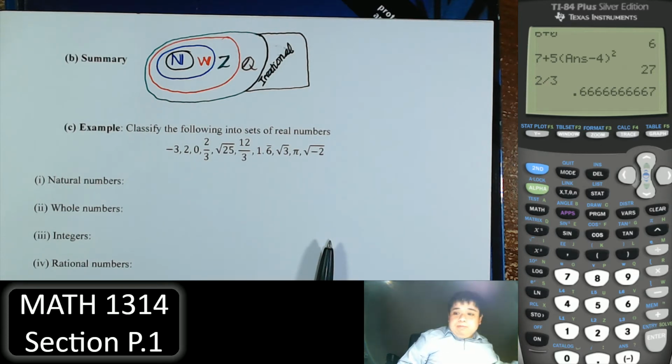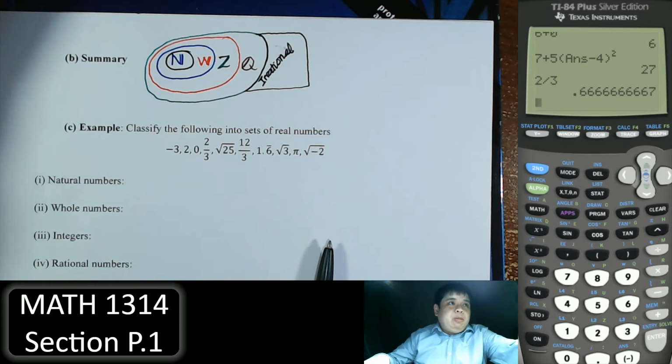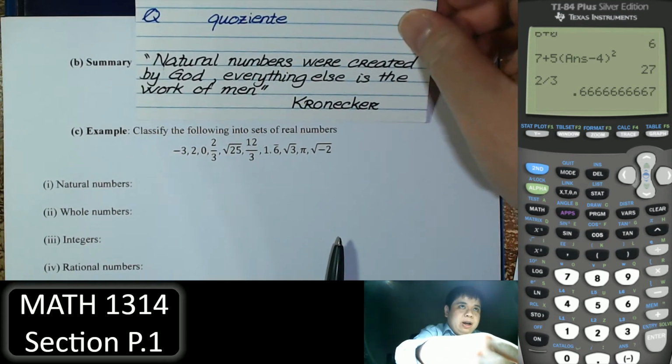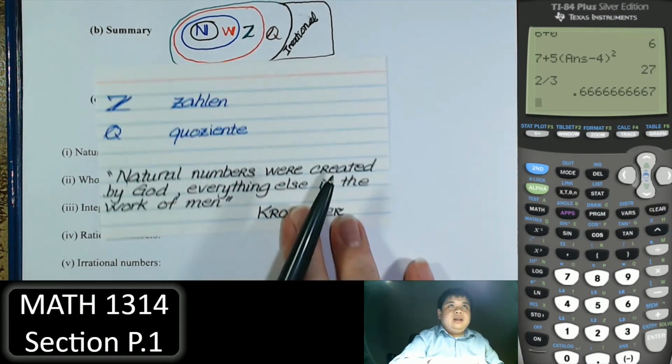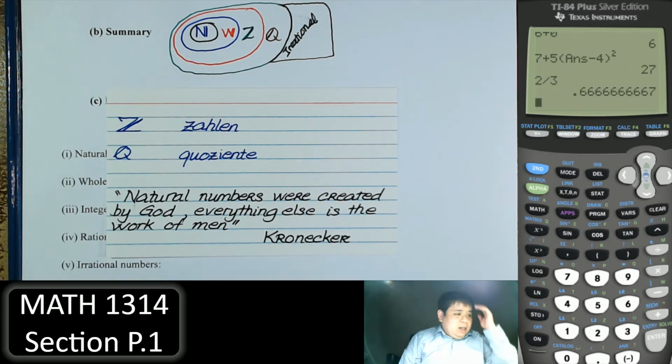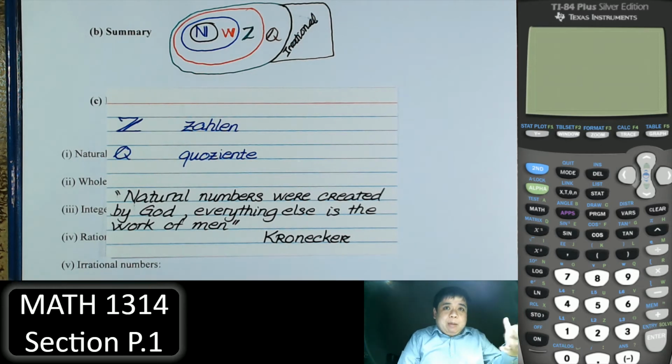But before that, I just want to bring an interesting quote right here. Natural numbers were created by God. Everything else is the work of man. Right. So I elaborate.